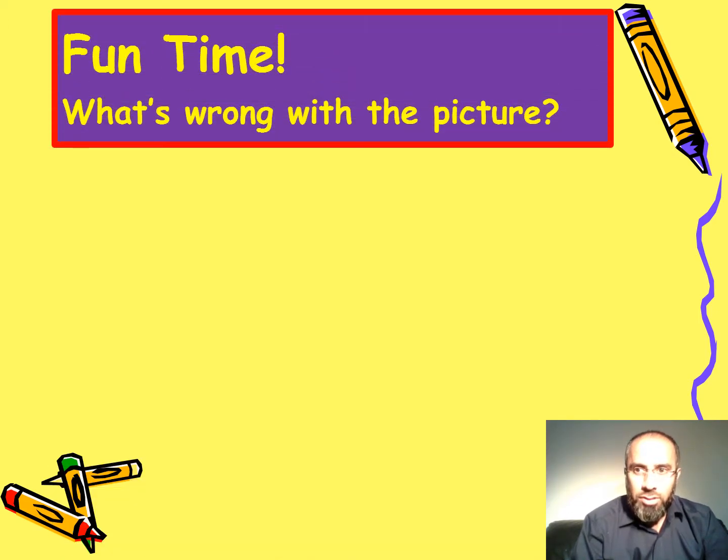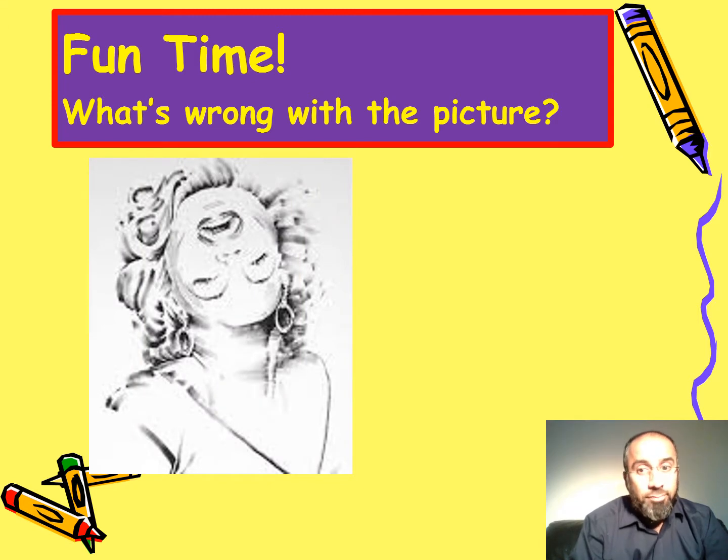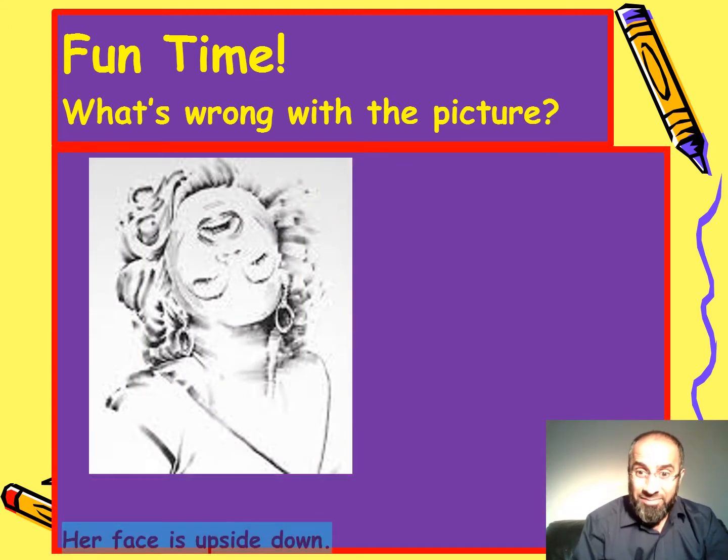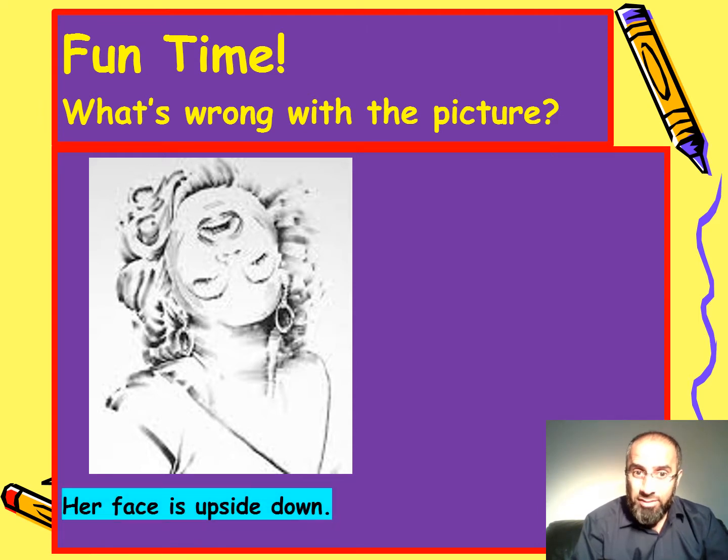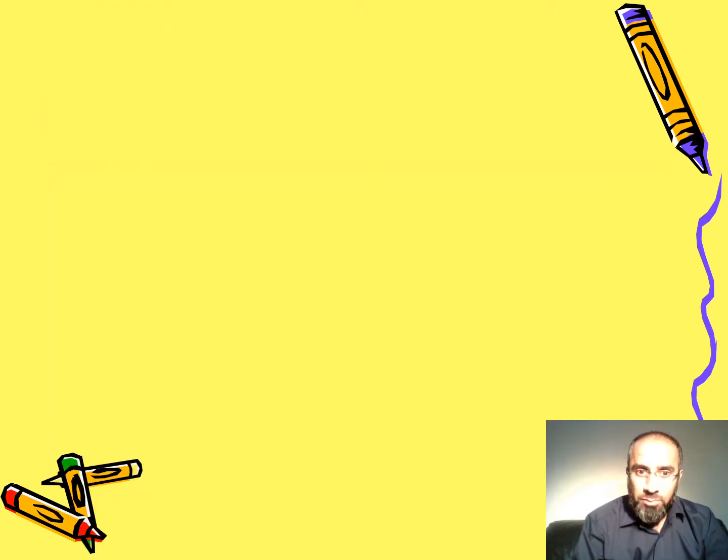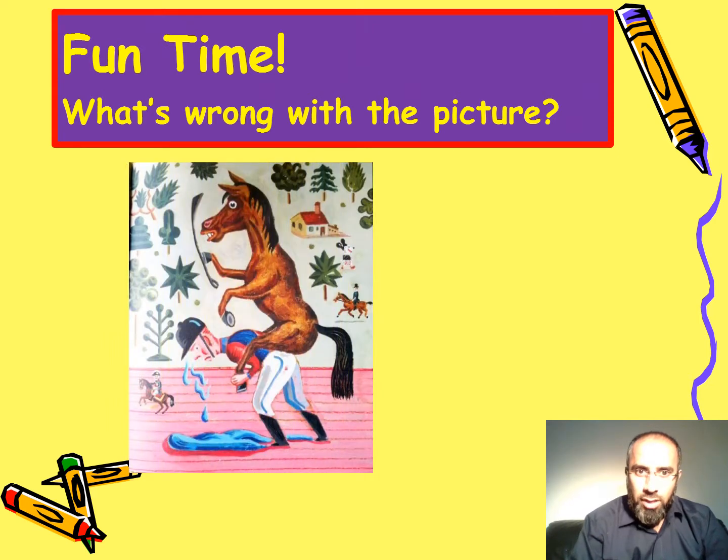What about this picture now? Yes, you're right. It's upside down. Well done. That was very quick. So the face of this lady is upside down. What about this one here? Yes, you're right. Is that real world?